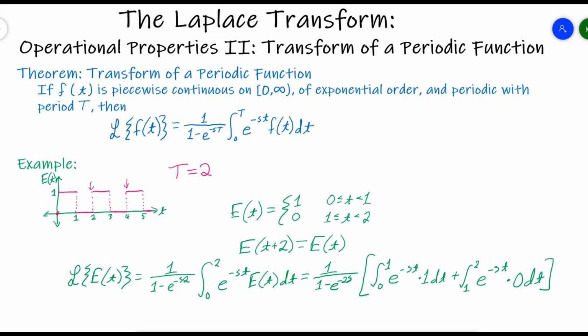I noticed that 0 multiplying the integral is 0, and so my second part actually goes away, so this is going to equal 1 over 1 minus e to the negative 2s, the integral from 0 to 1 of e to the negative st dt.